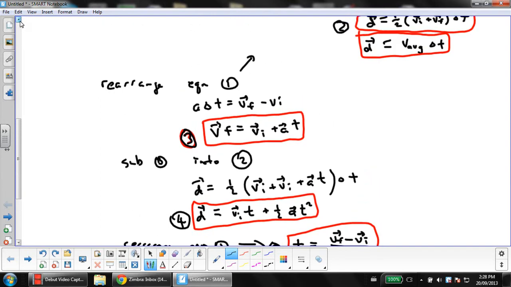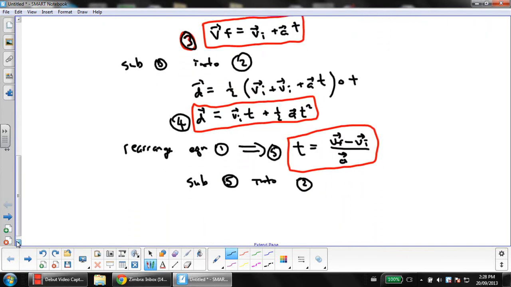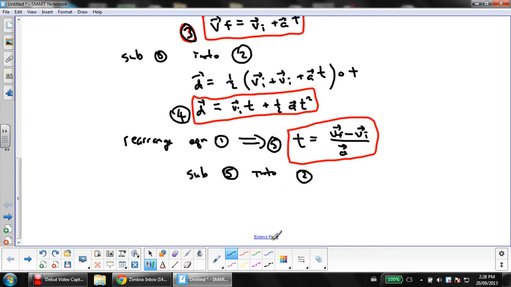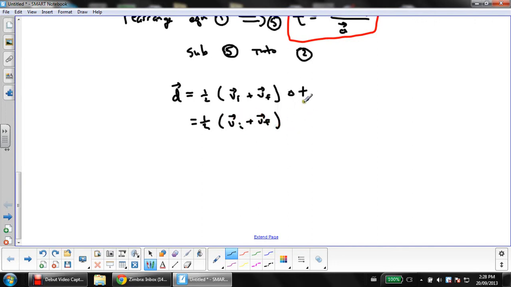I'm going to take this equation right here: D equals 1/2 times (VI plus VF) times delta T. And instead of having delta T on the end, I'm going to stick in its place VF minus VI over A. So I'll get D equals 1/2 (VI plus VF), and instead of writing delta T, I'm going to write this new equation 5 in its place, VF minus VI all over A. It looks like a bit of a pig, and it is a bit.